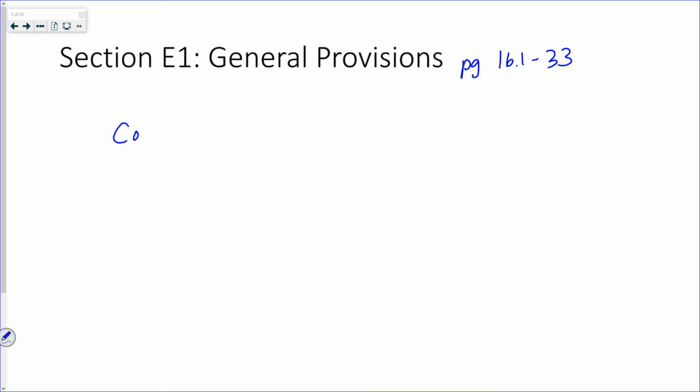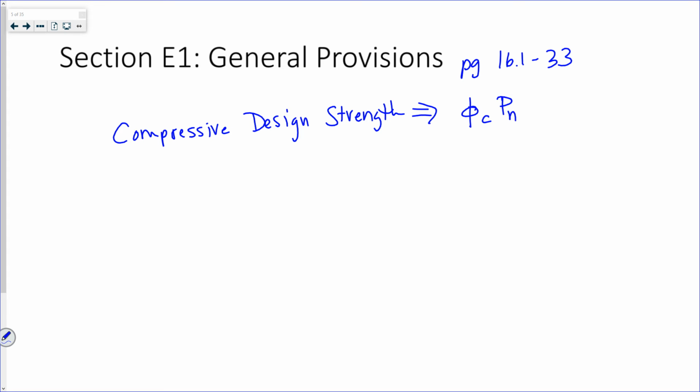Compressive design strength is phi for compression times our nominal compressive strength, where phi c equals 0.9.